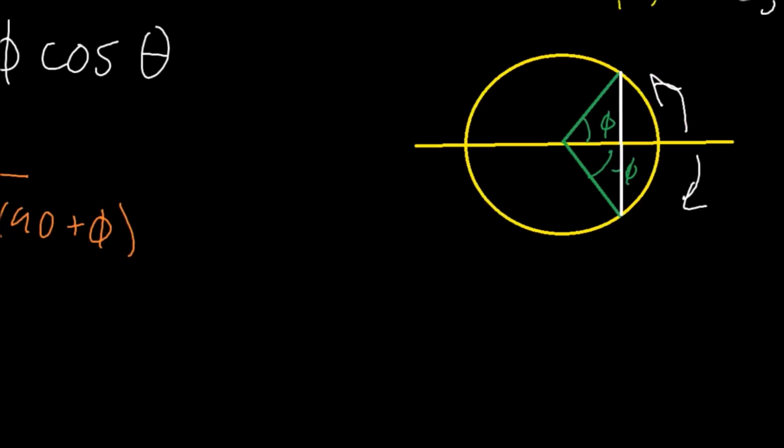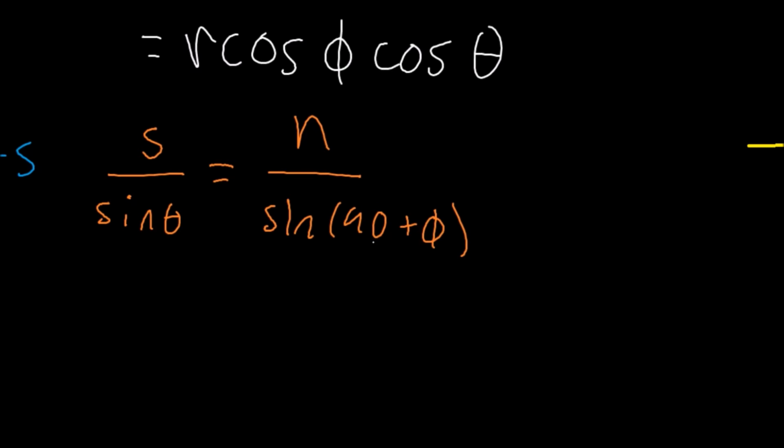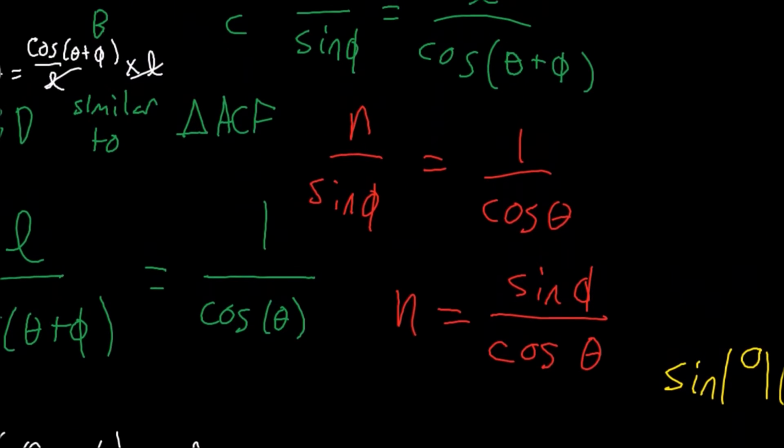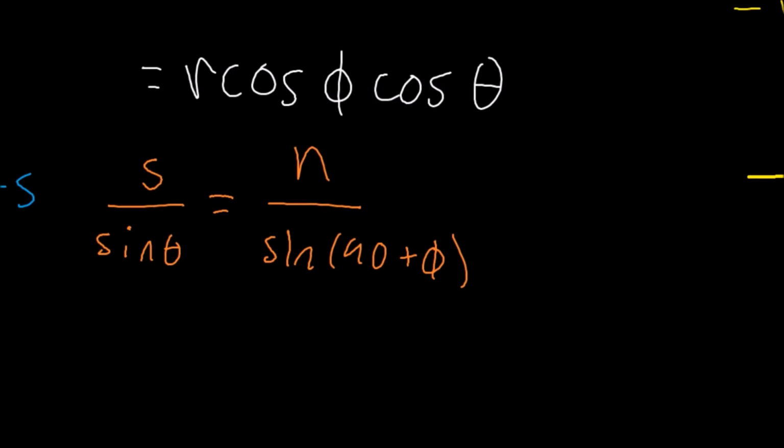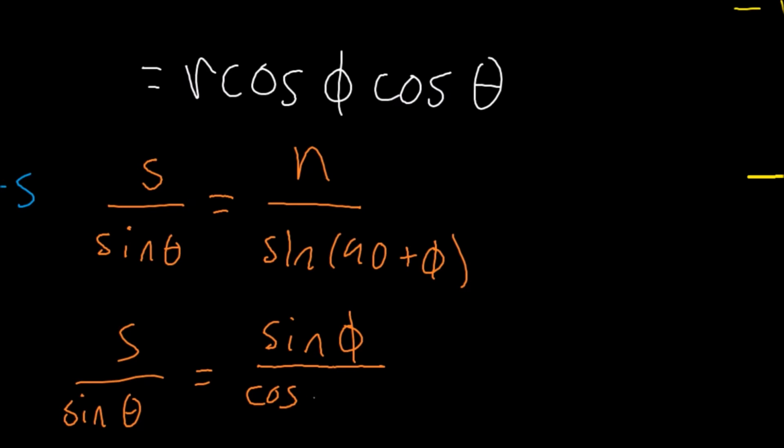All right, so now that that's established, we could reestablish sine of 90 plus phi as the cosine of phi, and then we could substitute in our value of n that we obtained. So s over sine theta equals, what was n? n was sine of phi divided by cosine of theta.